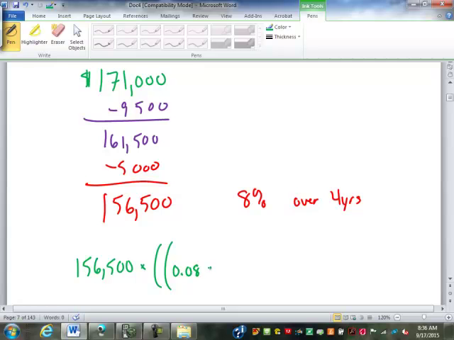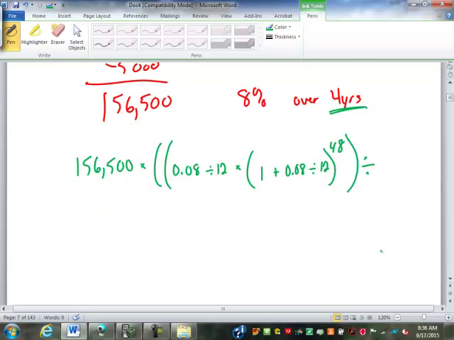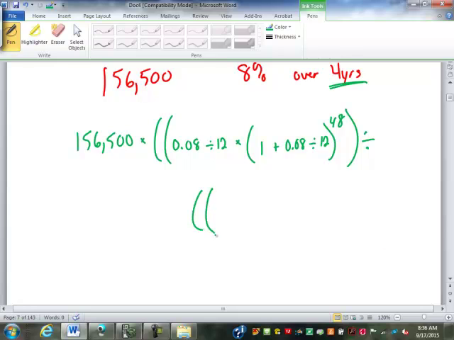So 0.08 divided by 12, because it's per month now that we're doing the monthly payments, times 1 plus 0.08 divided by 12, to the power of, how many months is this going to be? 4 years is 48 months. Then divided by 1 plus 0.08 divided by 12 to the power of 48 minus 1.